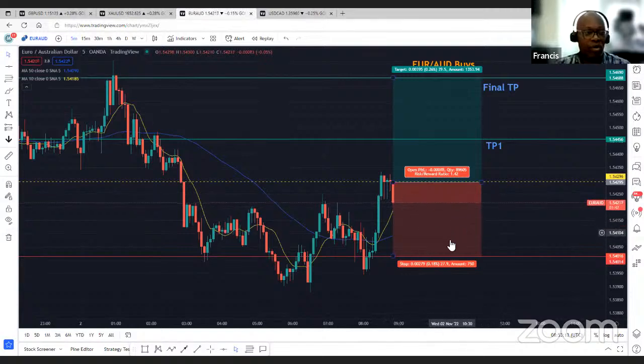The Euro Aussie dollar, we are risking more on that one. We want to give the market room to move.